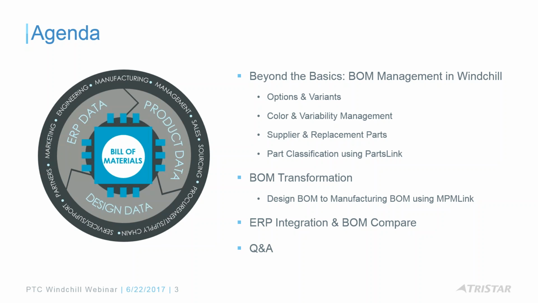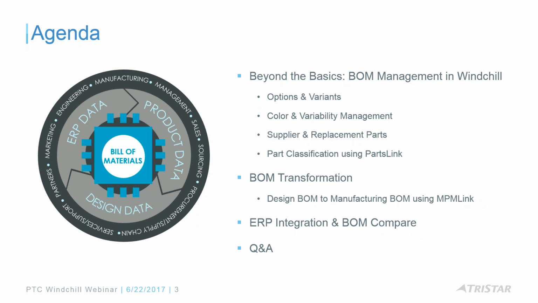We're also going to take a look at, once we have a part created in Windchill, how we can minimize the proliferation of part numbers by classifying them and giving the end user an easy-to-use search to look for the parts that the designer may need. That also includes supplier parts. If you have designated parts with their own numbers that are coming in from vendors or manufacturers, then I can also classify it that way.